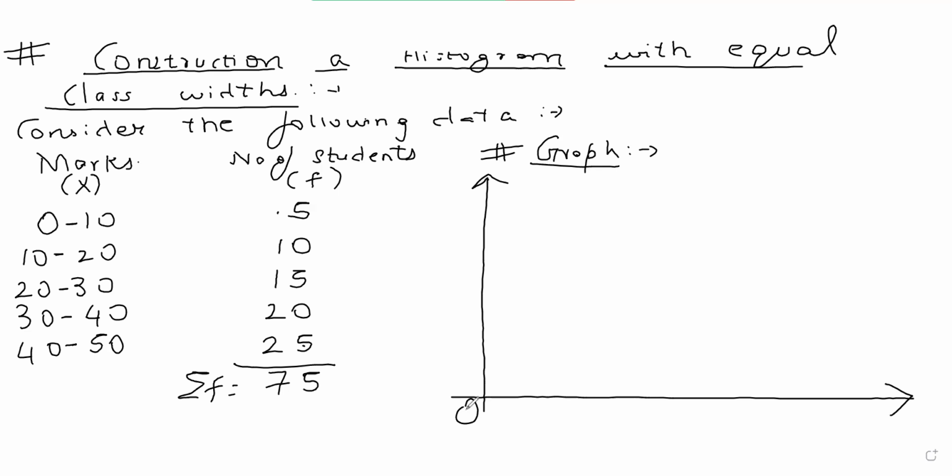On the horizontal axis, we have the marks, which is my random variable, X. And on the vertical axis, we have the number of students, which is my frequency. You can choose a scale of your own choice on the vertical axis. On the horizontal axis, starting from 0, I need to go till 50, so with equal gaps, 10. So these are all equally spaced. Let's say 1 centimeter.